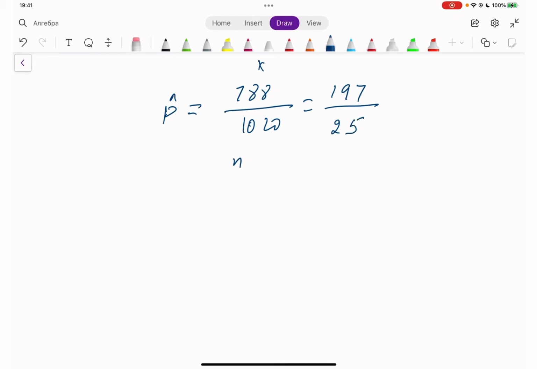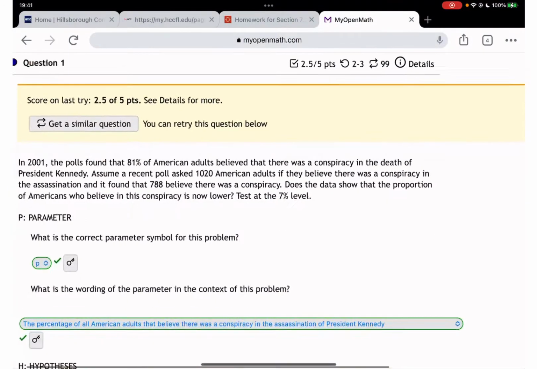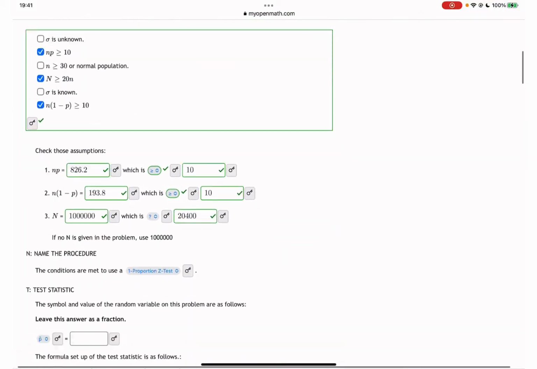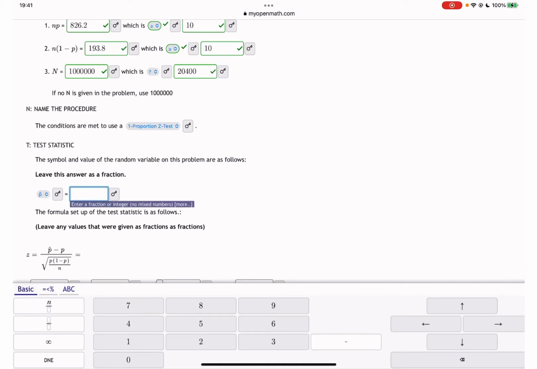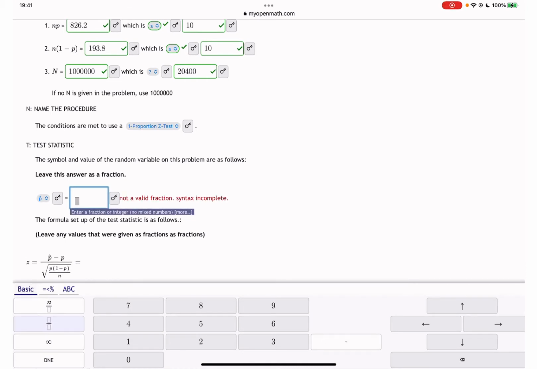And again, remainder is 2. 20 by 4 is 5. So 197 over 255. Here it is. We need a fractional line. 197 over 255.